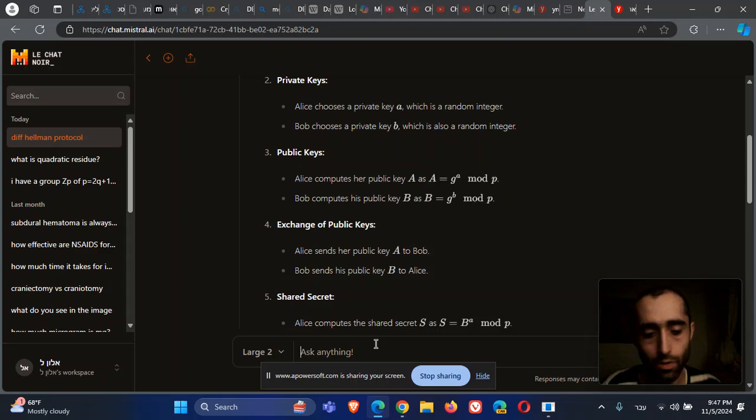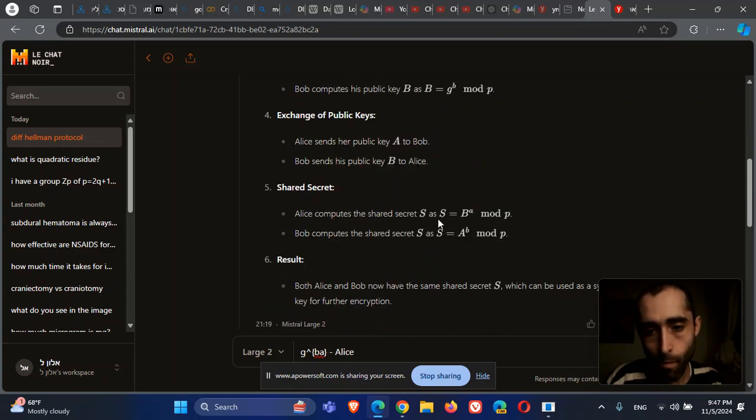Maybe I need to show that. G to the power of B comes from Bob, and now what Alice does is creating B times A in the exponent. This is Alice. Now, if you look at Bob, he gets G to the power of A, right? This is what Alice sent him.